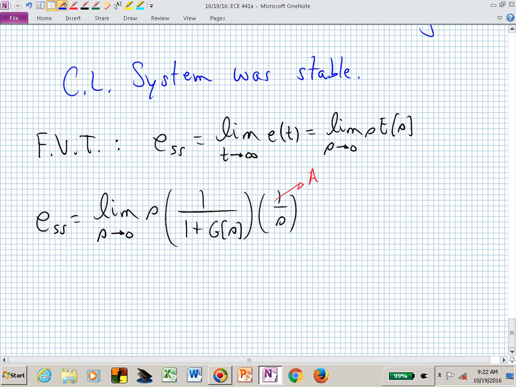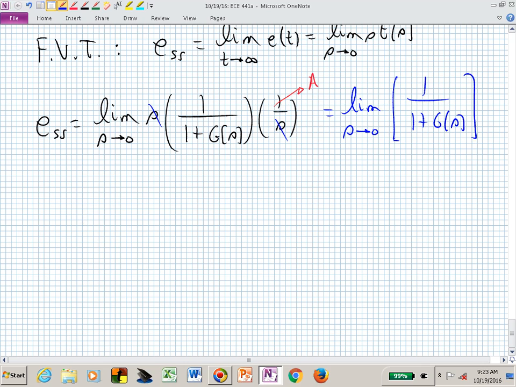We can simplify this a little bit. This S cancels that S, and we now can look at the limit as S goes to 0 of 1 over 1 plus G of S, or that now becomes 1 over 1 plus G of 0, we replace S with 0.